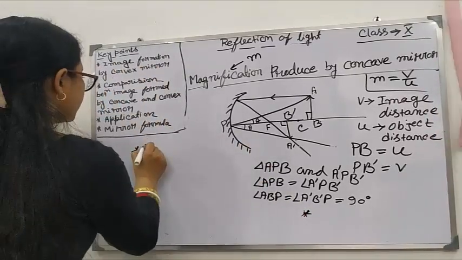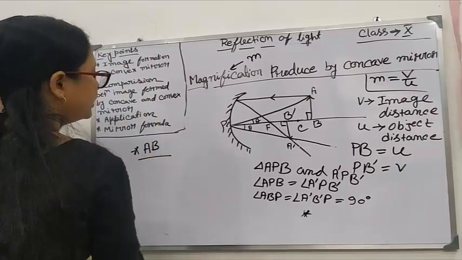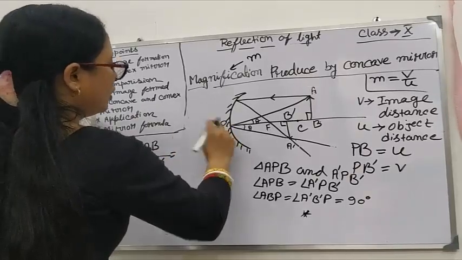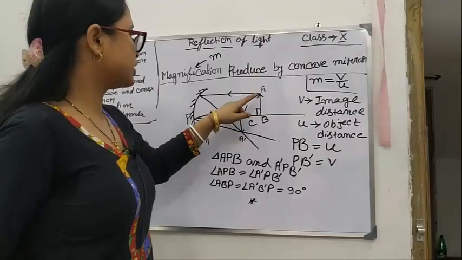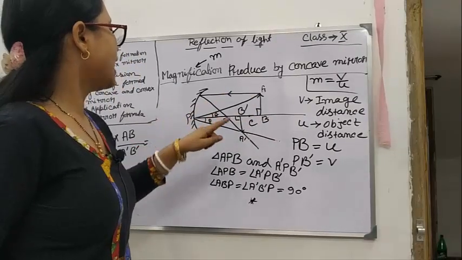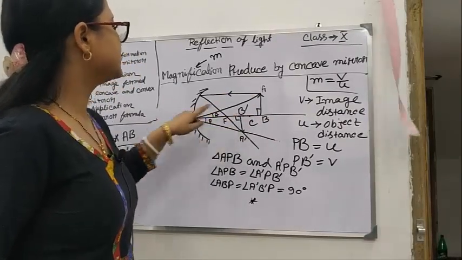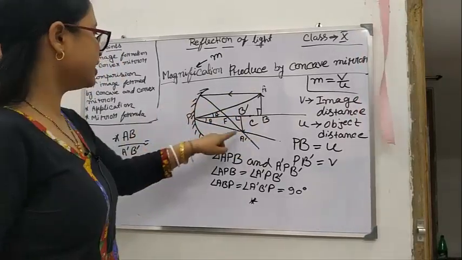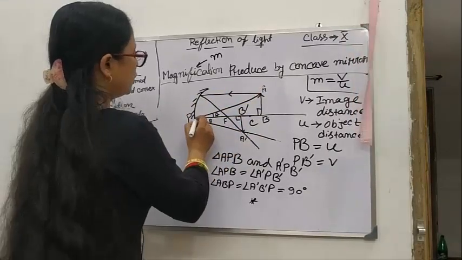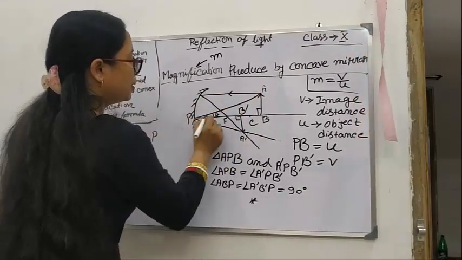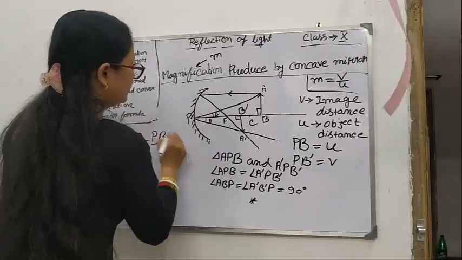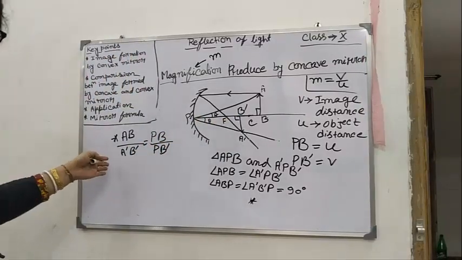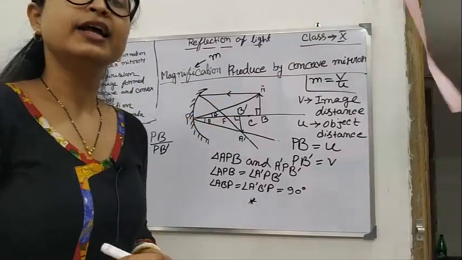AB divided by A dash B dash should be equal to the other side, PB divided by PB dash. Clear? Why have we written this? Because these two triangles are similar.